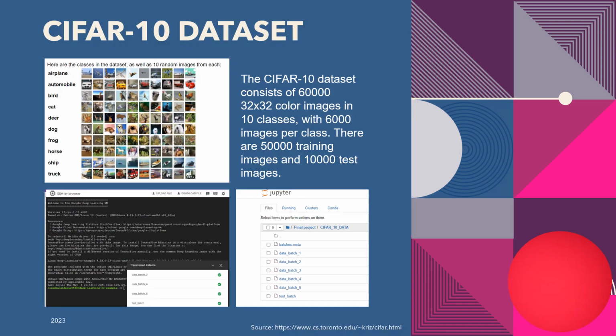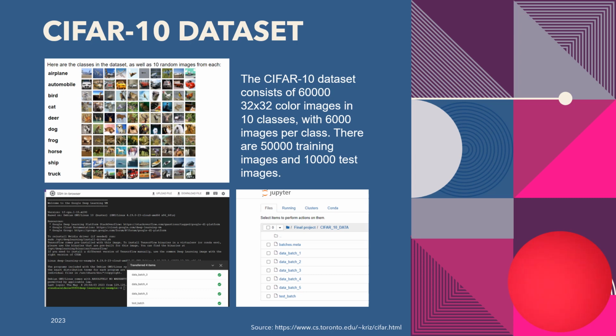Alright, now regarding the CIFAR-10 dataset, as we can see in the presentation, here we have the classes in the dataset as well as some random images for each one. As mentioned before, this dataset consists of 60,000 32 by 32 color images in 10 classes with 6,000 images per class. There are a total of 50,000 training images and 10,000 test images.